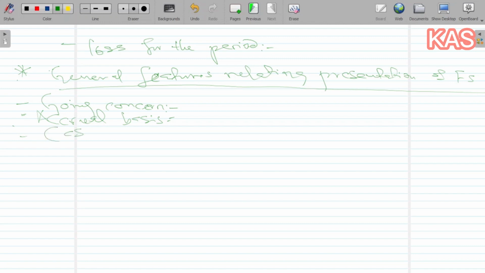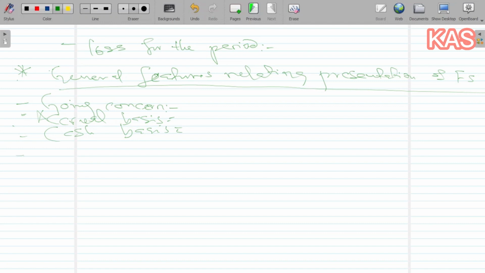Cash basis is the opposite of accrual basis. This is whereby you only record transactions when you actually receive payment or make payments. That is the only time you record transactions.